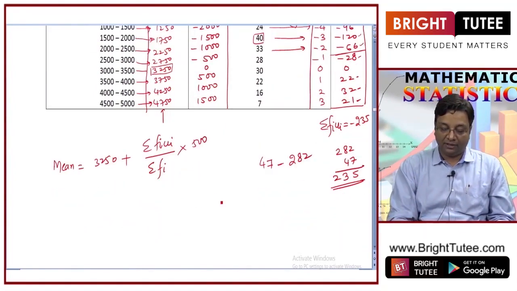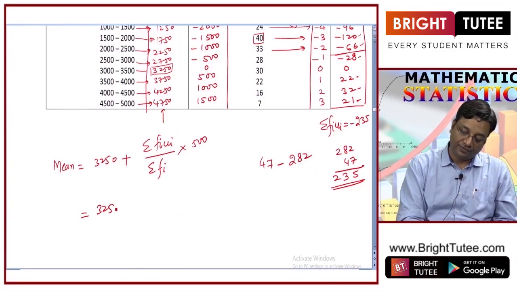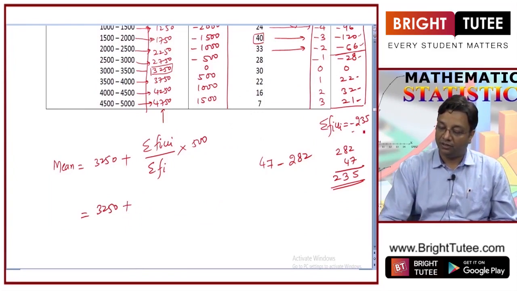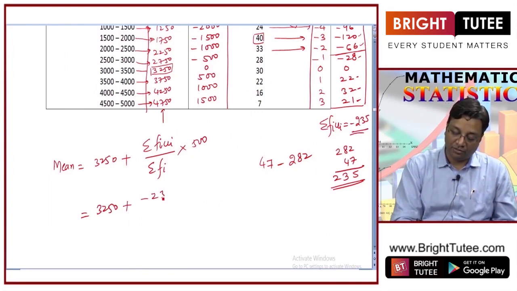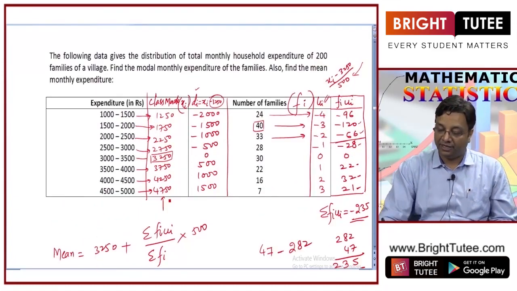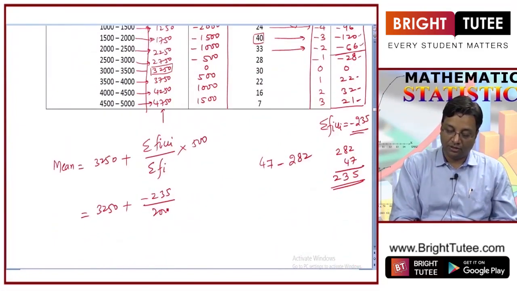This will give us our mean. 3250 plus what is sigma fi ui, minus 235. Sigma fi is the sum of these families, which is 200. So 200 into 500 here. So this will be cancelled.